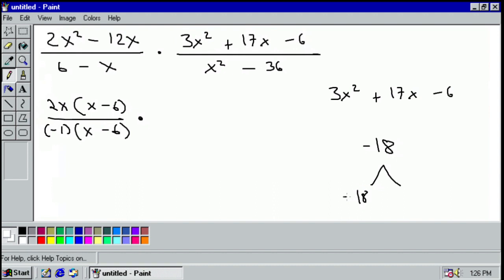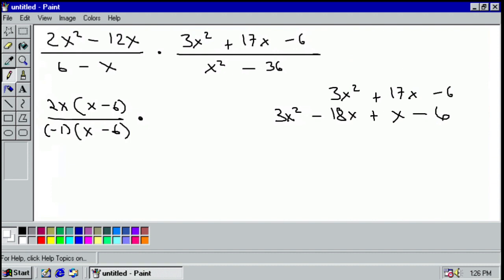But the 18 is negative, since it equals 18. So we can change 3x squared minus 18x plus x minus 6. So there we go. So here we can factor by grouping.